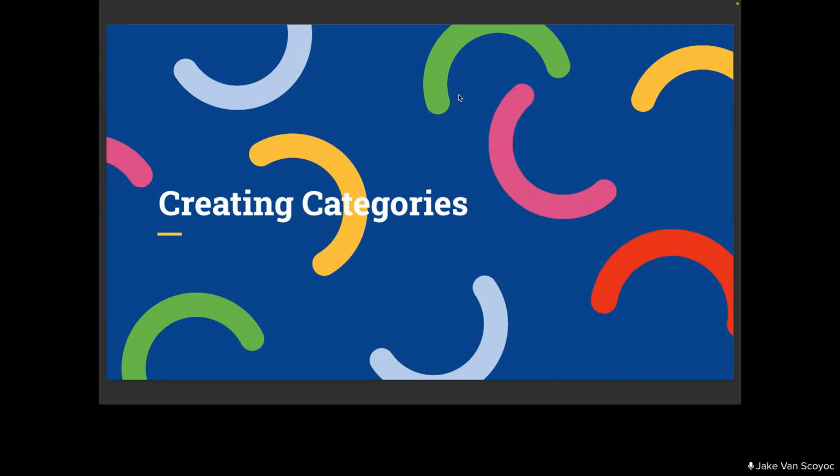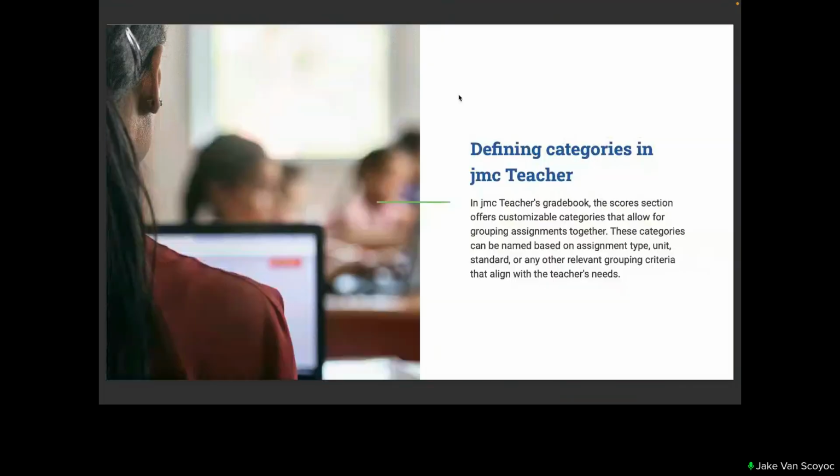Okay, so once your cutoffs are set, the scores grade book, or the traditional grade book is made up of categories and assignments. You'd start by creating categories in the grade book. The scores section offers customizable categories that allow for grouping assignments together.